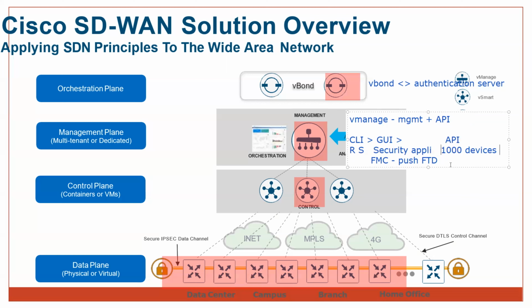Otherwise, again, you have to log into box by box and write the program so that it goes box by box and does the configuration. So if you have a similar type of configuration, it's wise to use API with some programming knowledge like Python or Ansible. You can integrate API with the programming language and you can work.